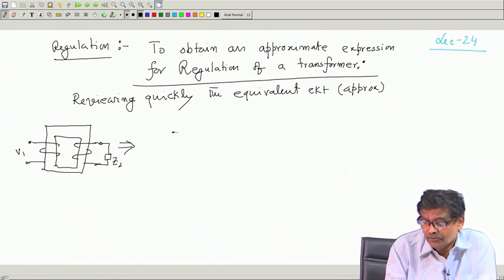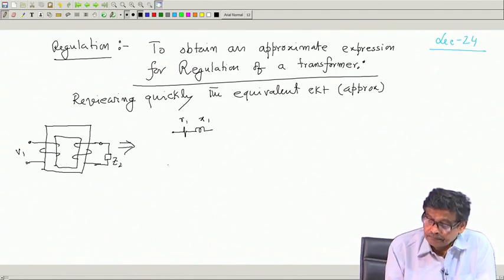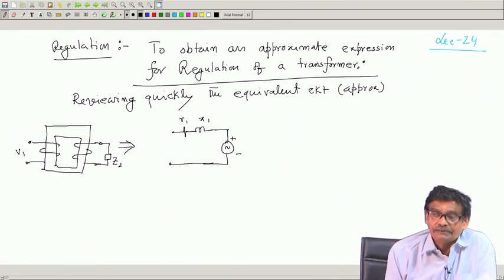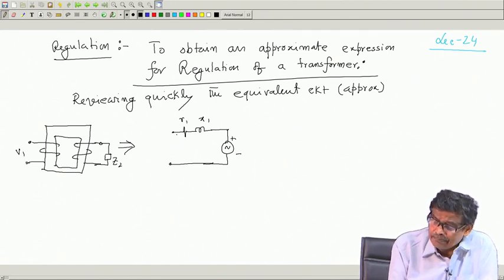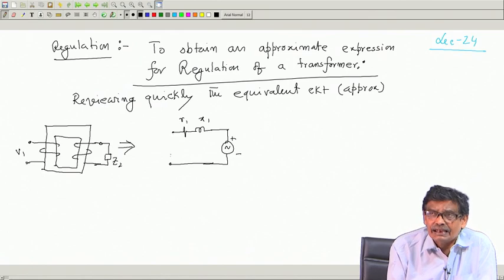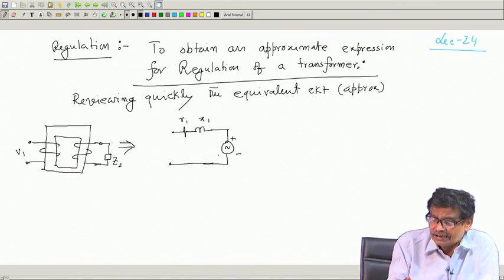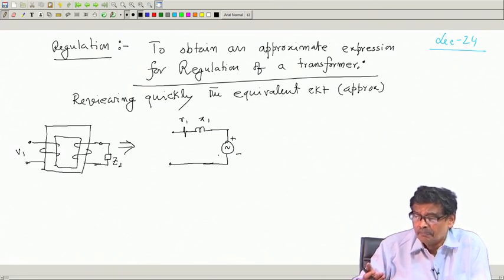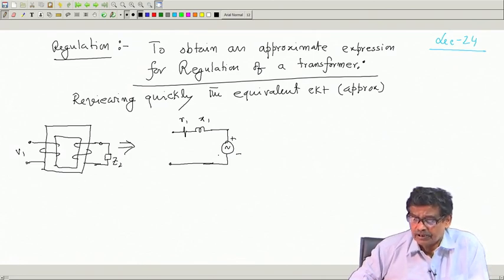So what I told, there will be R1 X1, I can show it like this. And then here there will be an E1, because this ideal transformer part is this one. And the parallel branch is here, that I am not drawing, as you can easily see that the parallel branch will not come in the expression of the regulation.